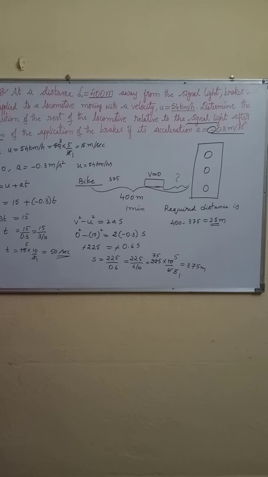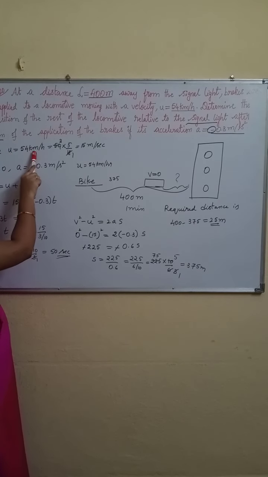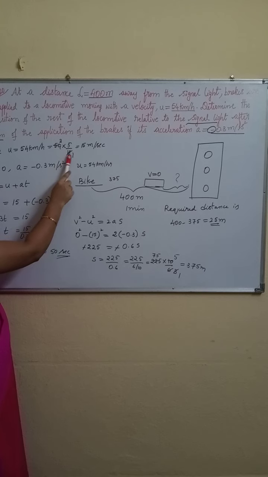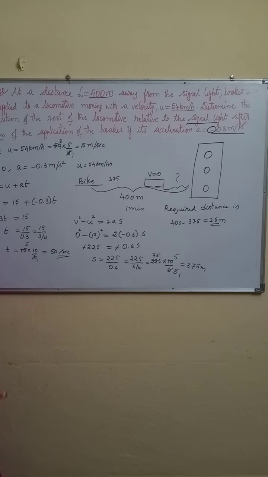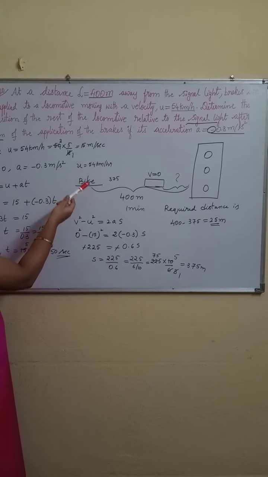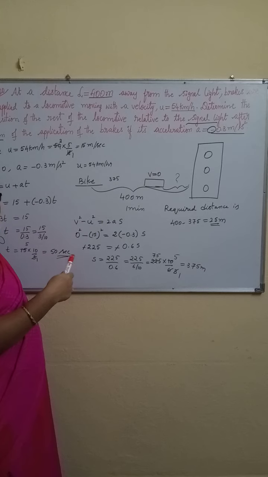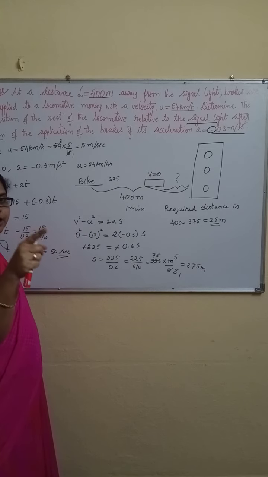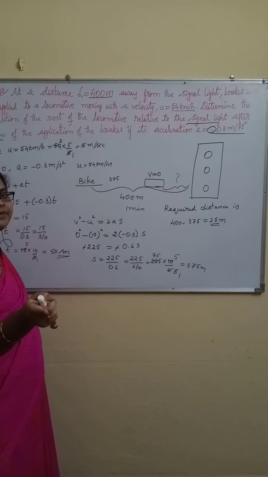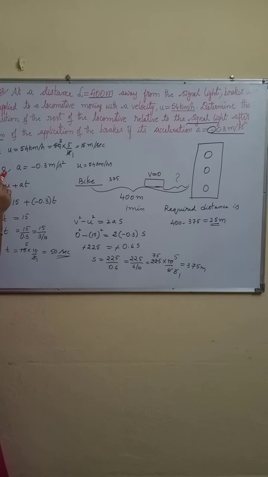So here u value is in terms of kilometer per hour, so we have to convert into meter per second. For this we should multiply with 5 by 18. Now the body acceleration is minus 0.3, meaning deceleration. For deceleration, the final velocity value is 0.